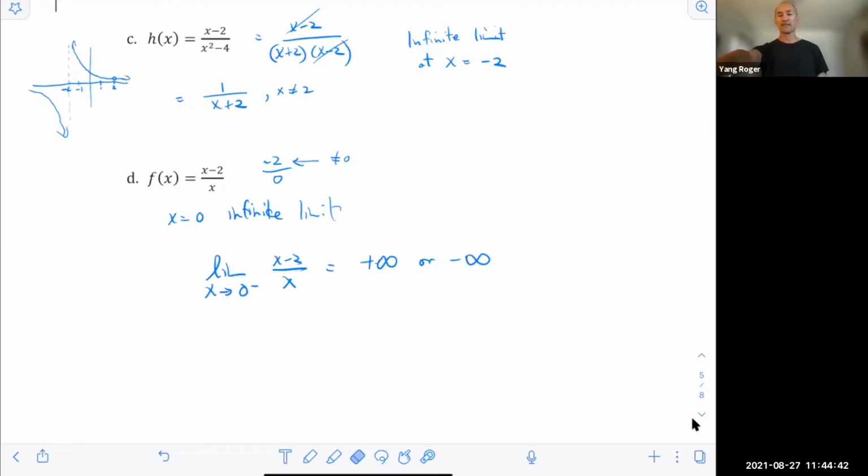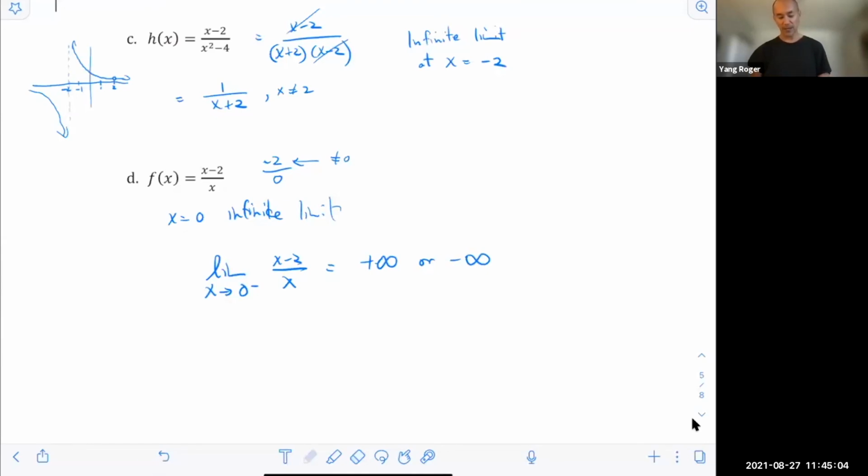1 vote for positive, 2 votes for positive. Okay, all right. You guys are not easily fooled at all. You all say positive. I agree. What would be a good little test point?